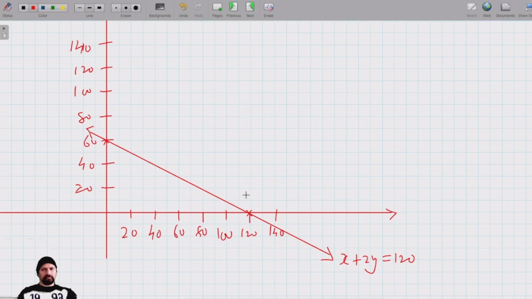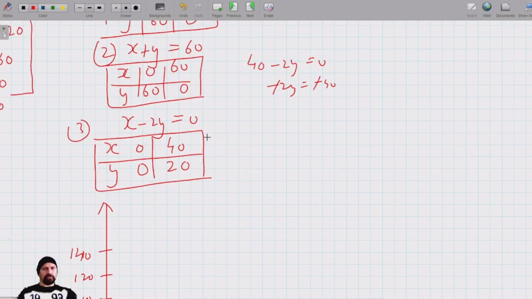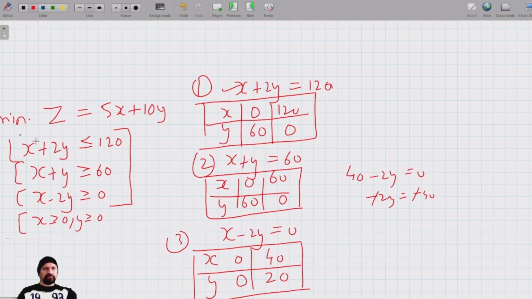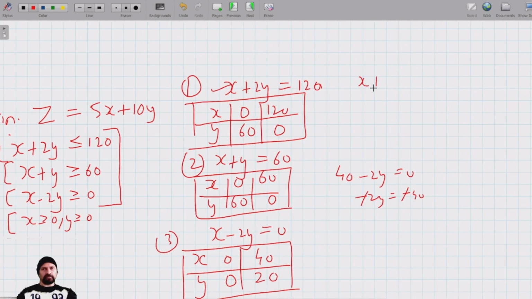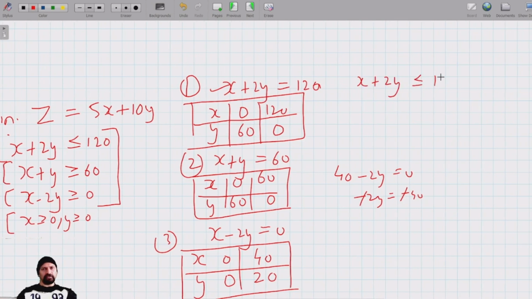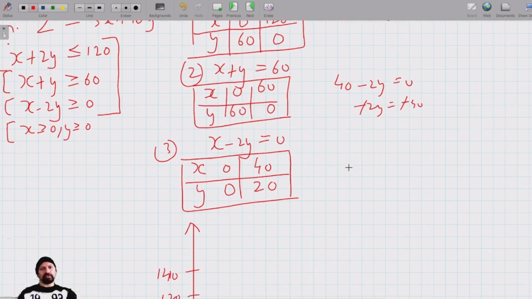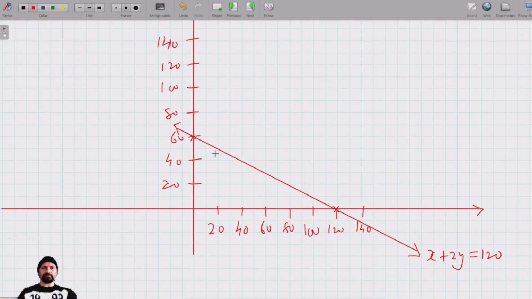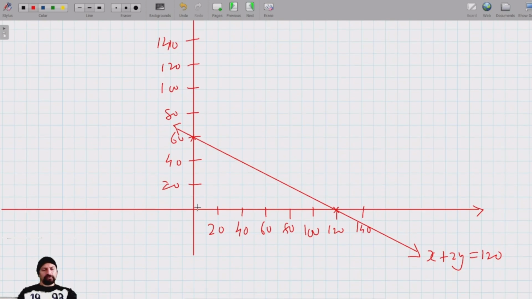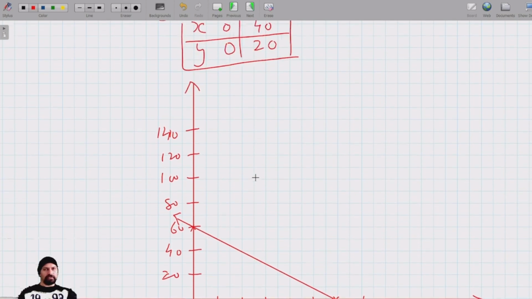Okay, so this is the graph for x plus 2y is equal to 120, and it's given that x plus 2y is less than or equal to 120. If we check it for 0 comma 0, this gives me 0 is less than 120, which is true. So the solution region is towards the origin.